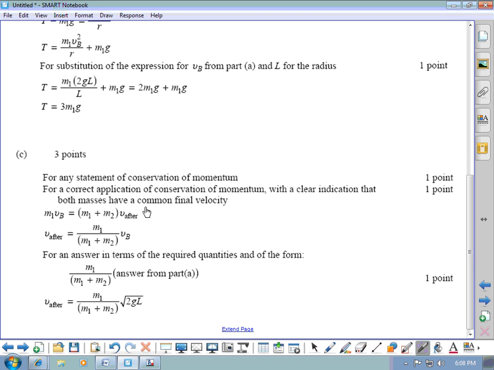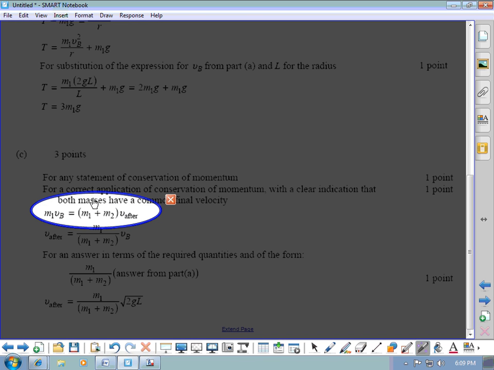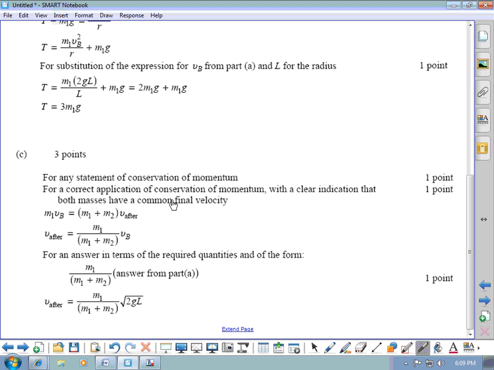So this statement right here, that m1 vB equals m1 plus m2 times v final, or v after, that would be enough for those first 2 points. That's clearly showing that the initial momentum equals the final momentum, and it's correctly applying the conservation of momentum idea.